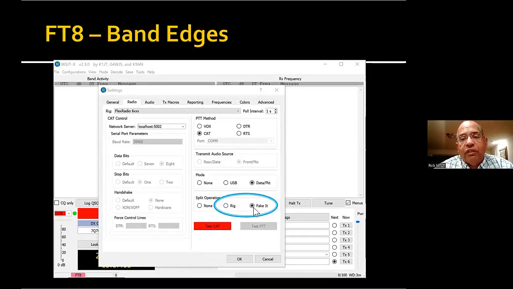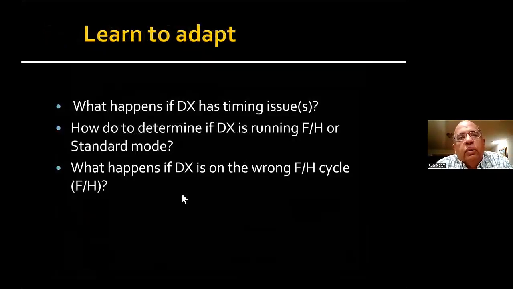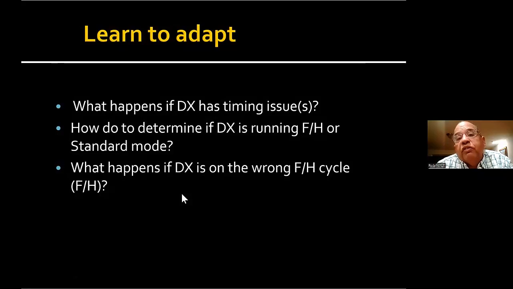It does nothing for you on receive, but on transmit, it makes your transceiver very happy and keeps your signal relatively clean. So I would highly recommend all of you have either Rig or Fake It checked in the radio settings in WSJT-X. So this is where we're going to learn how to adapt. What happens if the DX station has timing issues? We've already talked about how to determine whether the fox is running fox hound mode or standard mode.